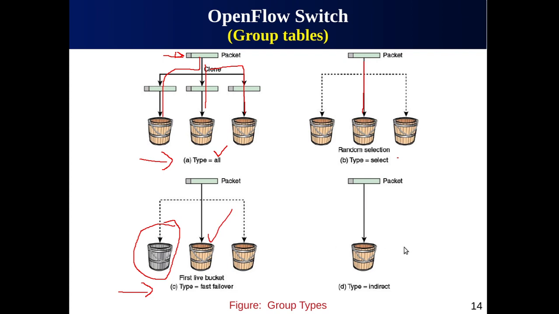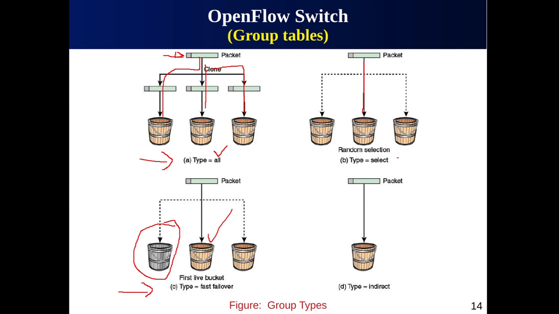And then we have the indirect. It allows multiple packet flows to point to a common group identifier. This type provides for more efficient management by the controller in certain situations. For example, suppose that there are 100 flow entries that have the same source and same destination IP address, and the field is match.